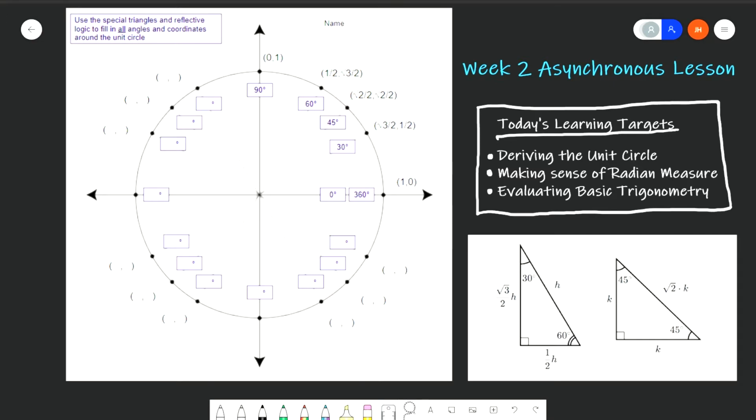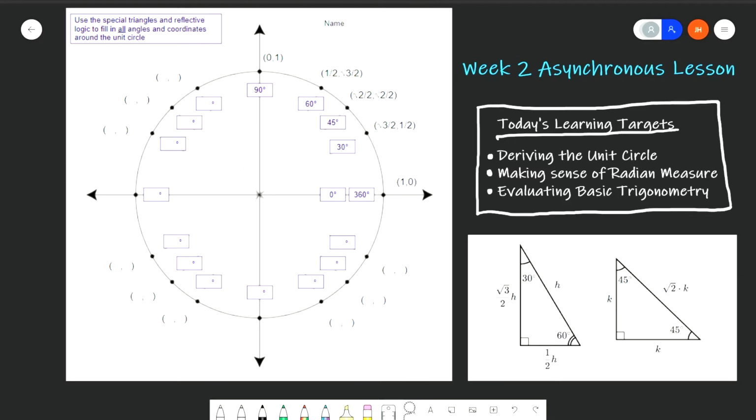We're going to make sense of what that is, where it comes in, and why it is relevant. And then finally, we're going to use this unit circle and our radian measurement in evaluating some basic trigonometric functions, things that y'all might remember from geometry like sine, cosine, and tangent.